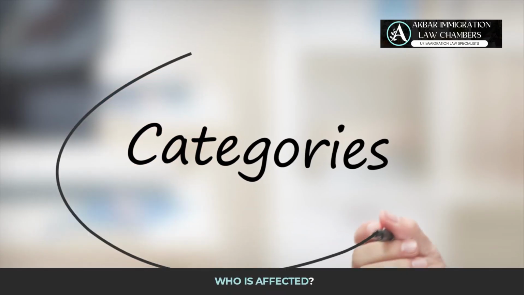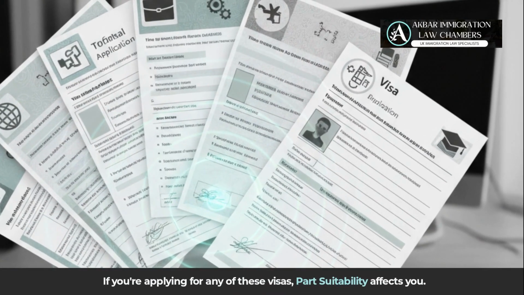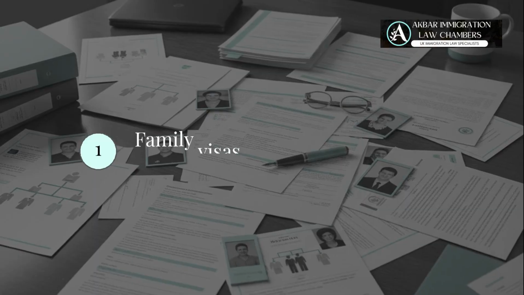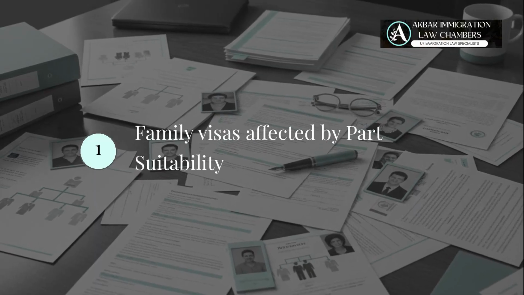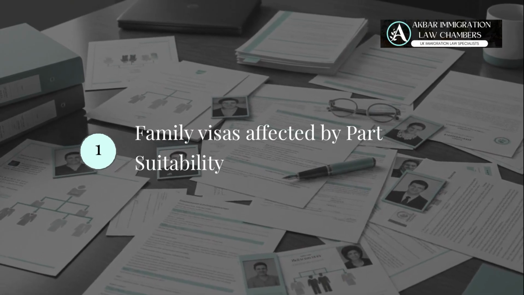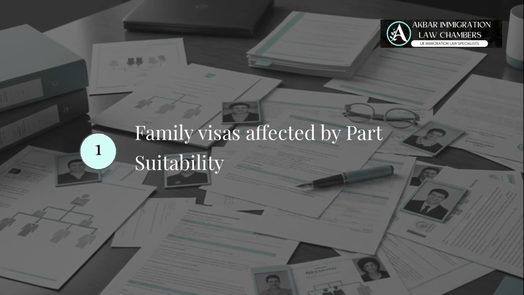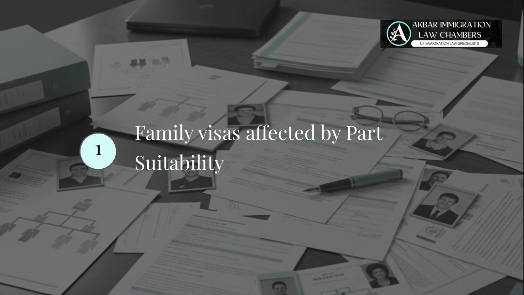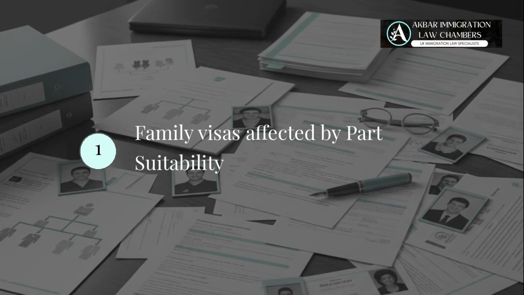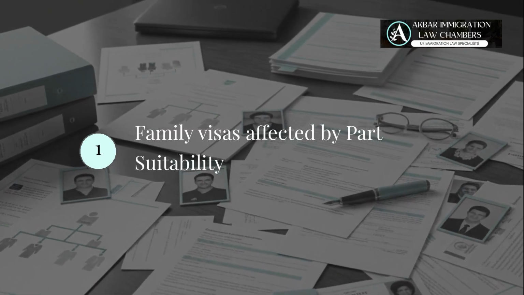Who is affected? If you're applying for any of these visas, Part Suitability affects you. Family visas: partner, spouse, unmarried partner, child, parent visas. If you have any history of overstaying, previous refusals, or suitability concerns, you need to understand how Part Suitability applies to your case.